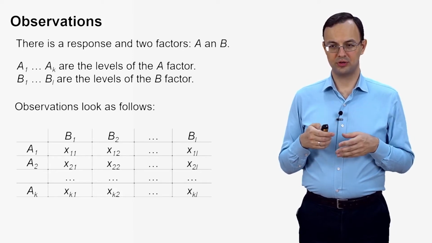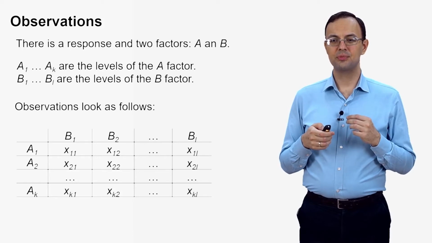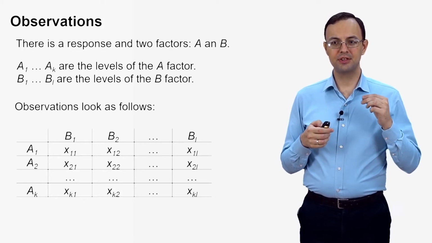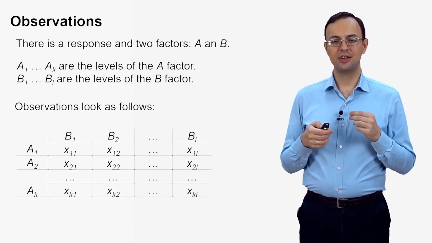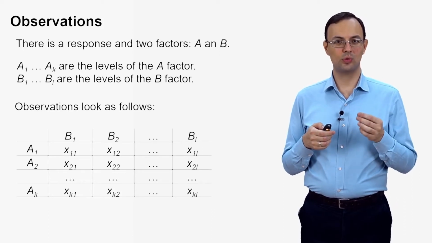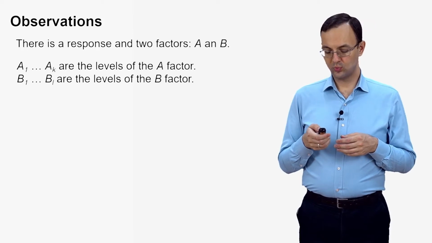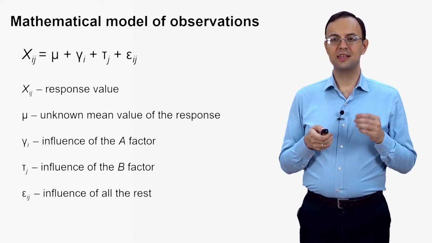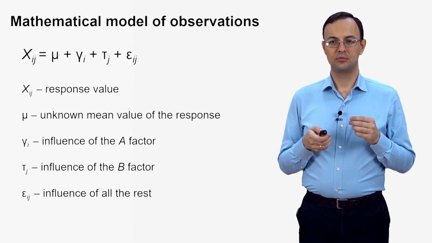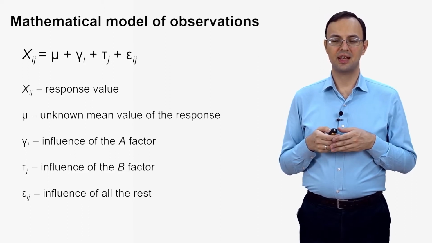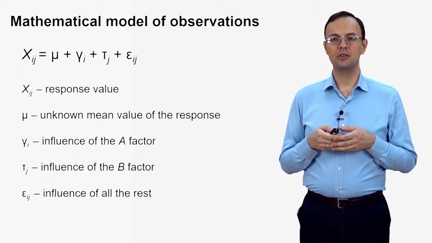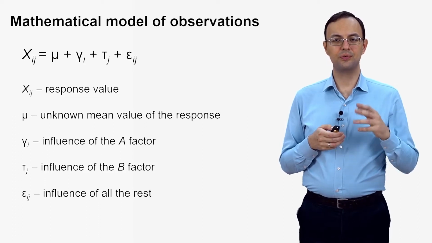our mathematical model. So let's assume that Xij is the response level such that A equals Ai and B equals Bj. So what is the mathematical model of observations in this case? Here it's almost the same, but the influence of two factors is added.